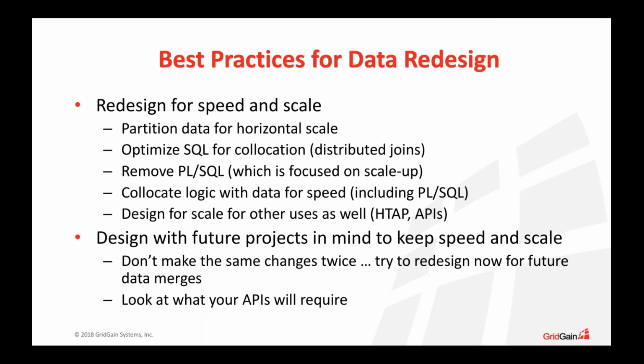So when you move to an in-memory data grid and you scale your data out, you have to think about how your data gets partitioned so that you can move related data that would be used in a join, for example, to a single node so that you don't have to fetch data over the network as you do your operations.